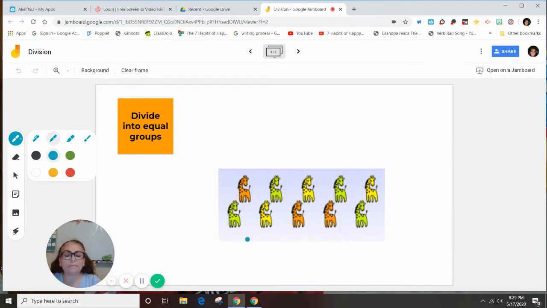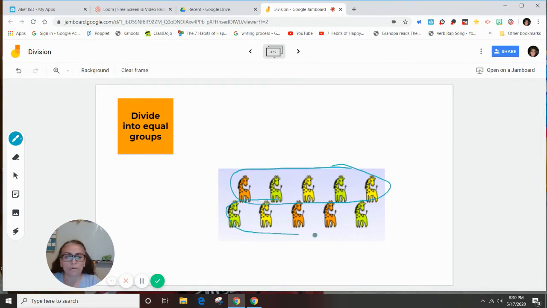Or since they're kind of like an array, I can just count 1, 2, 3, 4, 5. This could be one group, this could be my other group. So I have 5 and 5. I have 2 groups of 5. That could be one way that I can put that.